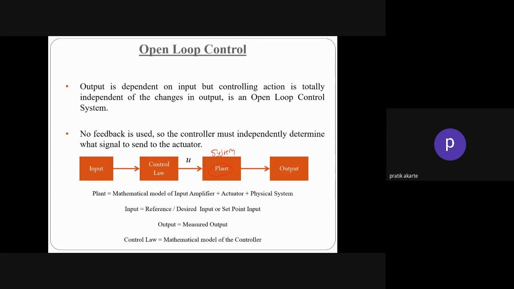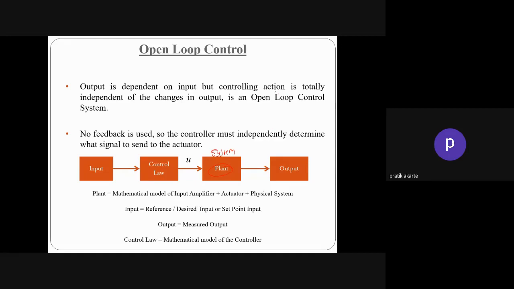Here, the controller must independently determine what signal needs to be sent. So it is a control action which is totally independent of the output. That is what we call an open loop control system.